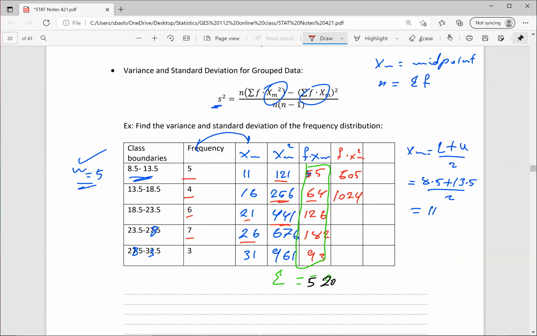Next one is 6 multiplied by 441, that will be 2646.